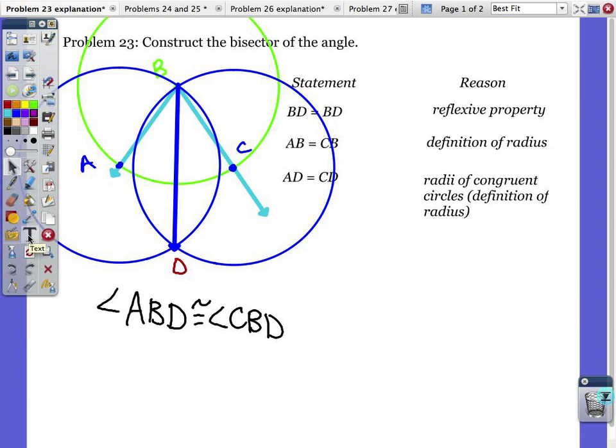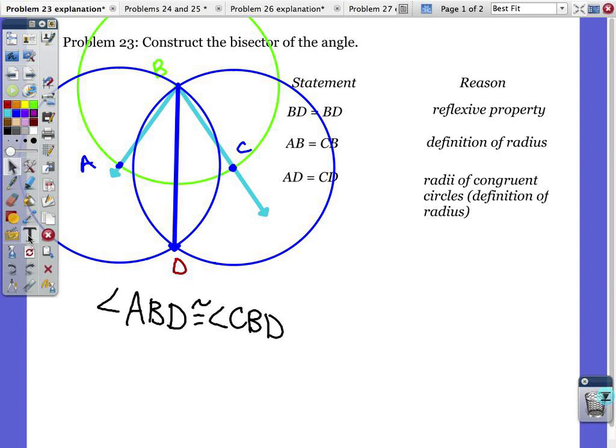Can you see it all? So we have BD congruent to itself. That's what the reflexive property says. So you have to have a reason to say that they're congruent. Yes, we're going to do the triangle thing next.